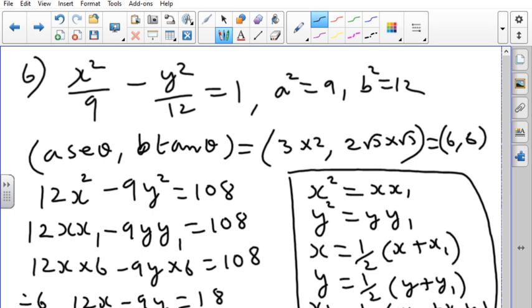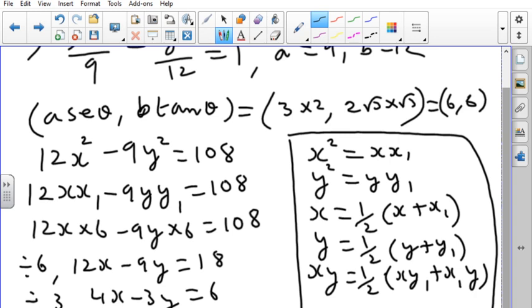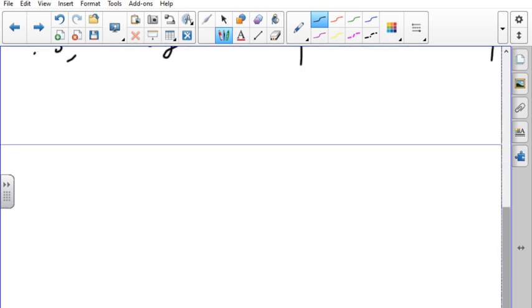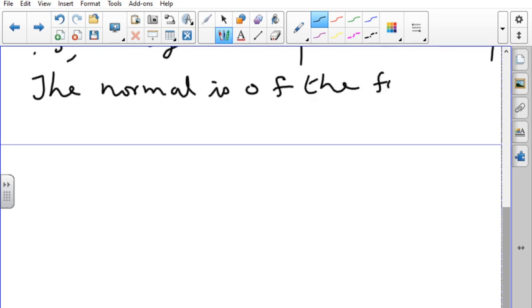Now we can find the equation of the normal. So normal is also asked. The normal is of the form, this you have already studied in 10th standard: we just interchange the coefficients of x and y and change the sign of y. So it is 3x plus 4y plus k is equal to 0.